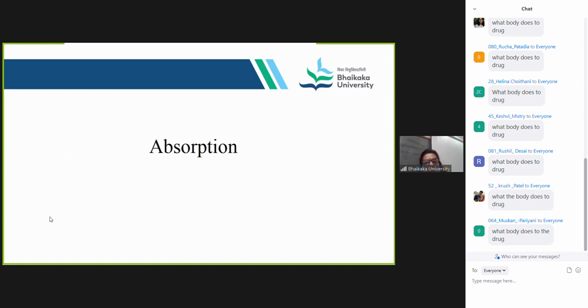Coming to absorption, I told you the first is definition and enlistment, second is the various mechanisms of transport of drug, and now the factors affecting absorption.